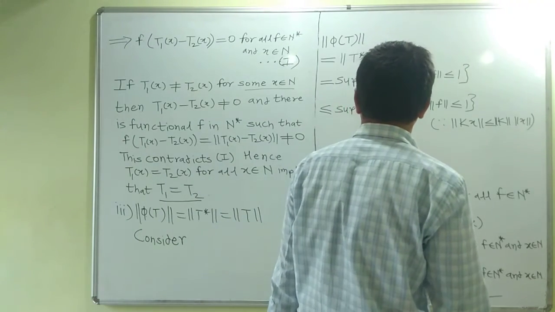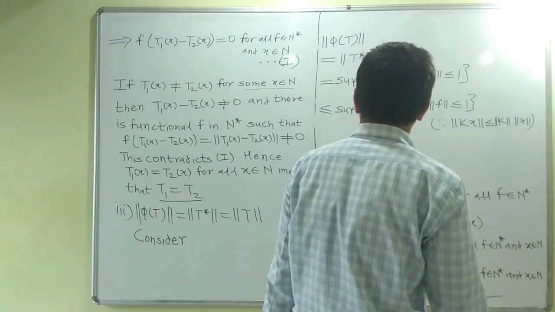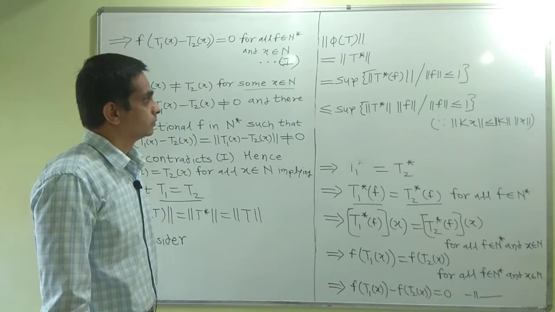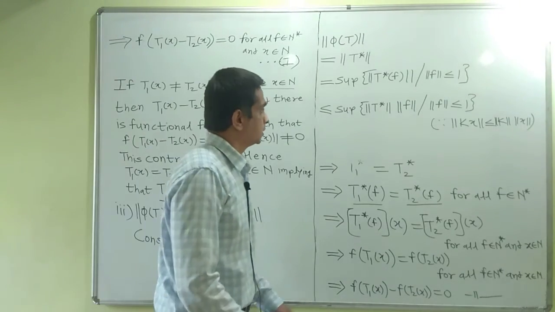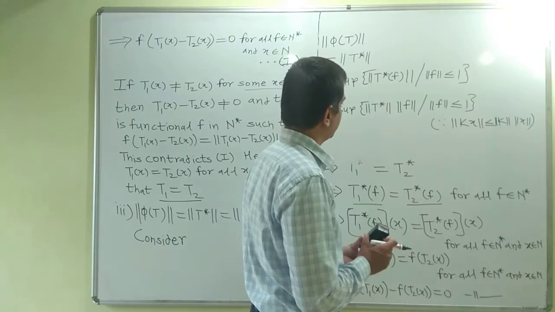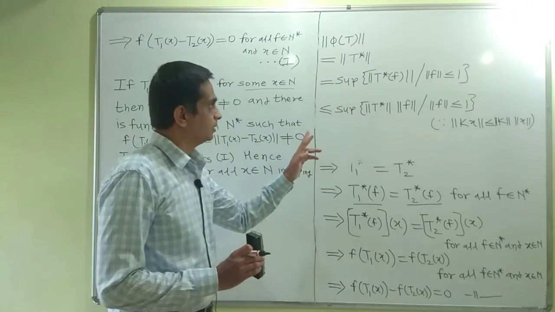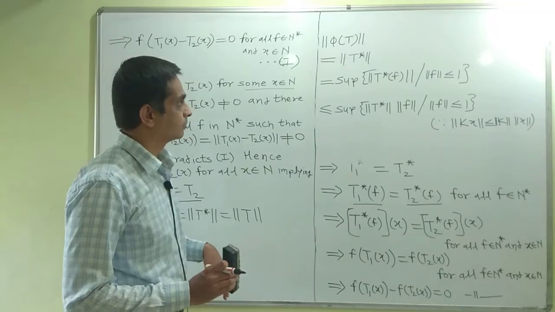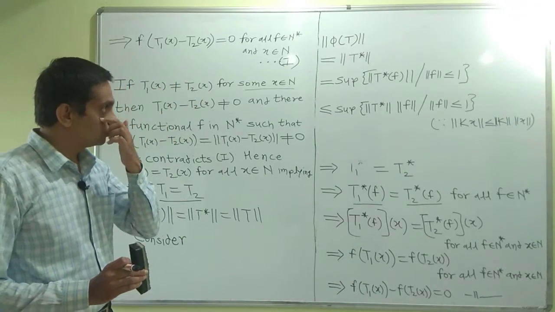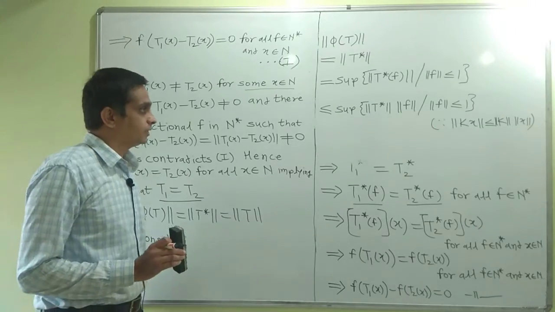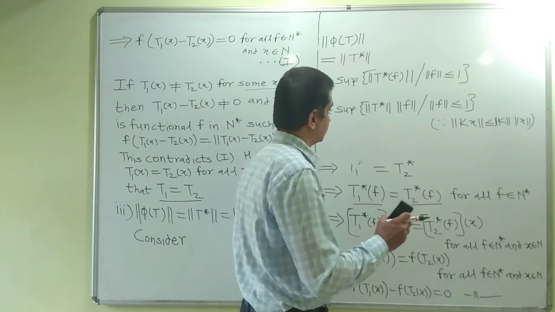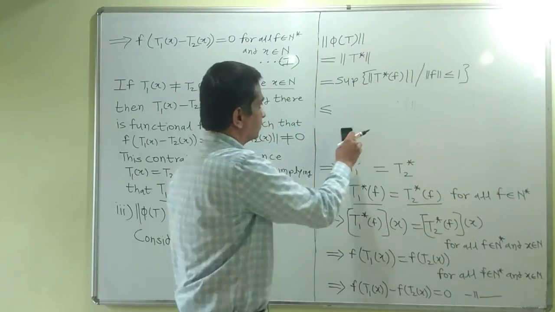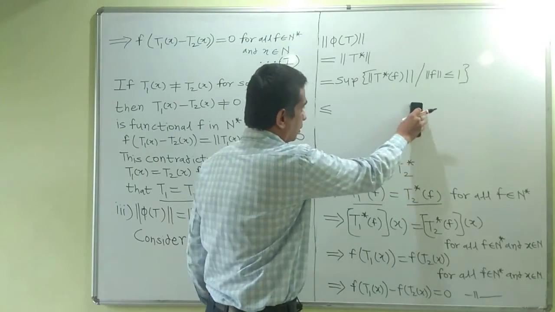Norm of... yes, that is correct, but in order that we get this equals to T star of f equals to f of T x, so that's what we have to use. This is correct, but it is not required here. So let me modify the proof here.